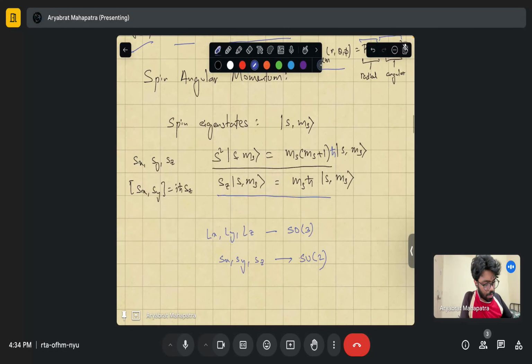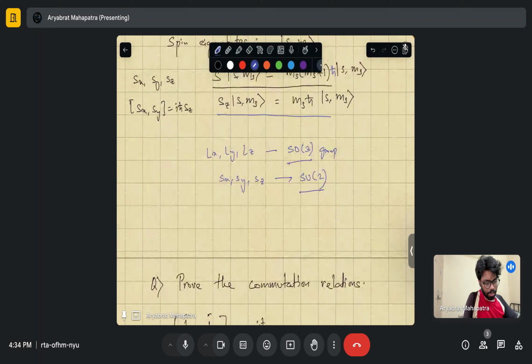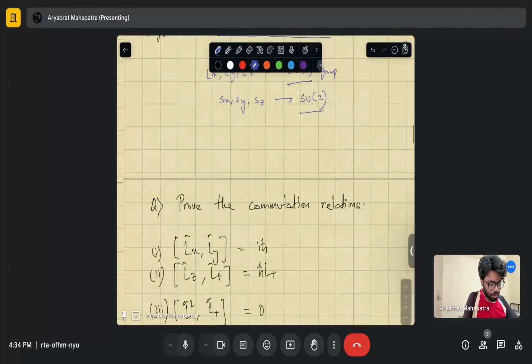Lx, Ly, Lz are the generators of the SO(3) group, and Sx, Sy, Sz are the generators of the SU(2) group. If you want to know in more detail, you need to learn a little group theory, which maybe you will read in the future, or you can take a group theory mathematical methods course available around you.